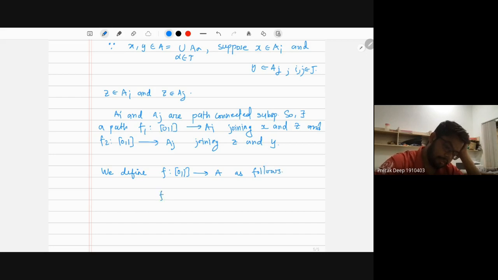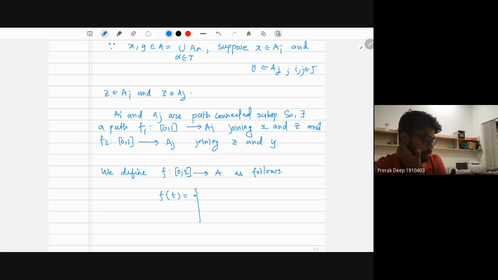So that f of t is equal to, we can just take 0 to 1 only, we can define.